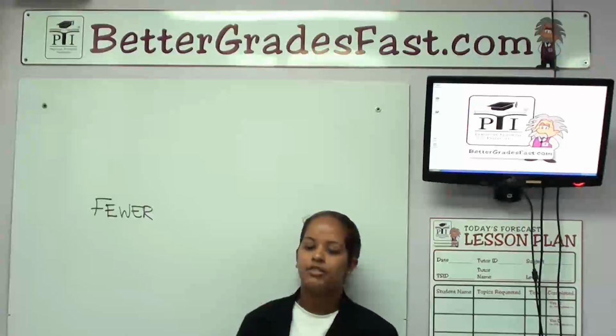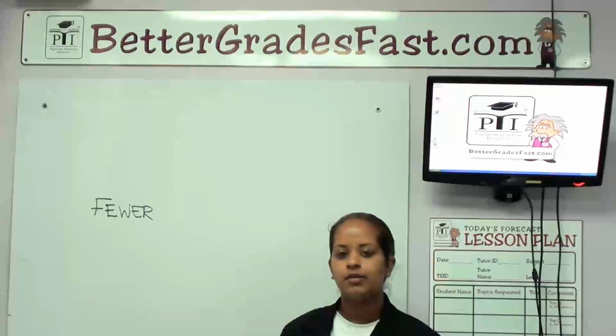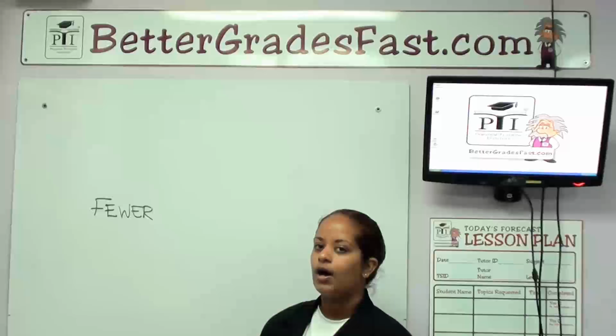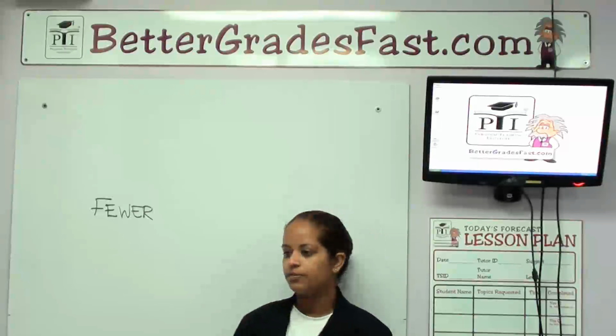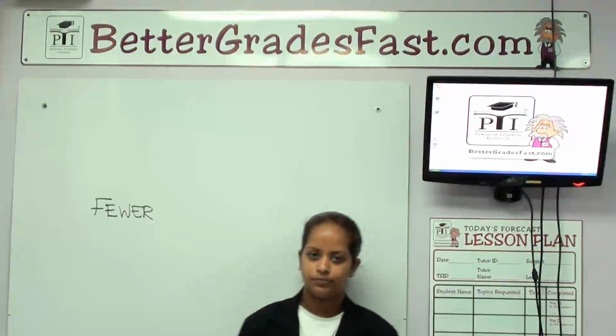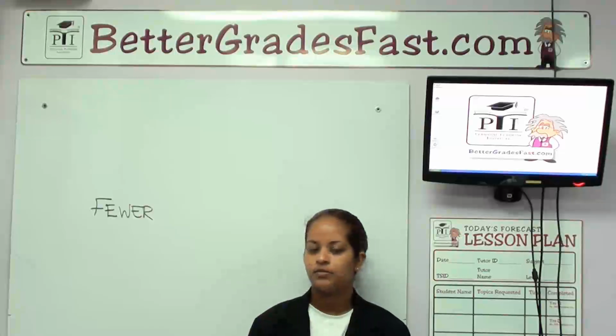This means that whatever is qualified by fewer has to be able to be counted. So, a sentence which reads, she has less marbles than I do. This is a common sentence, but it is incorrect.